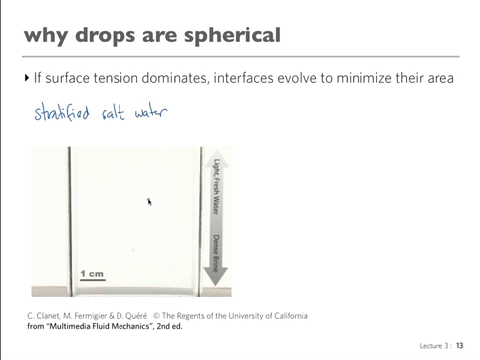And in the video you're going to see some drops of colored oil, with an intermediate value of density.